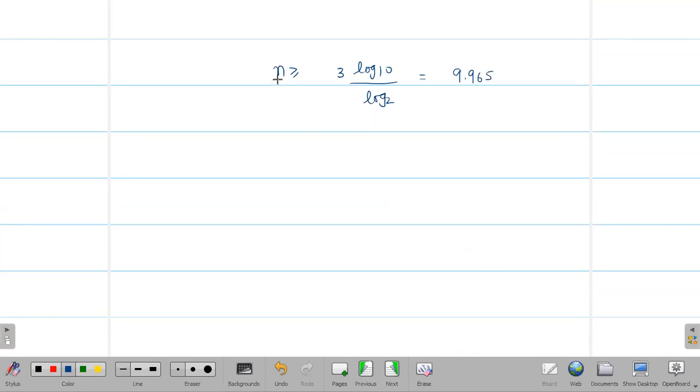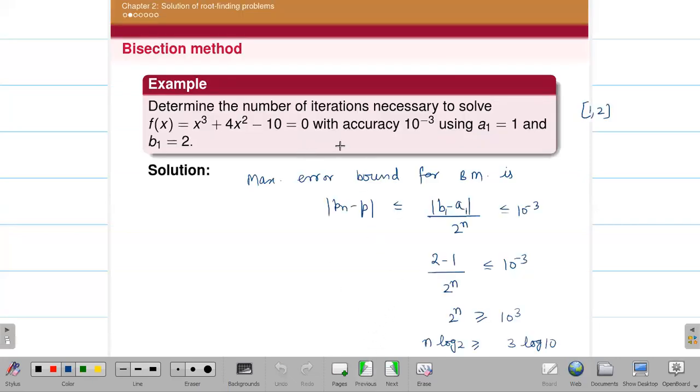Now n is the number of iterations, so n will be a natural number. If n is greater than or equal to a decimal number, you always take the next larger number, means you add 1, that is 10. So after 10 iterations, you will get this accuracy of 10 raised to minus 3.